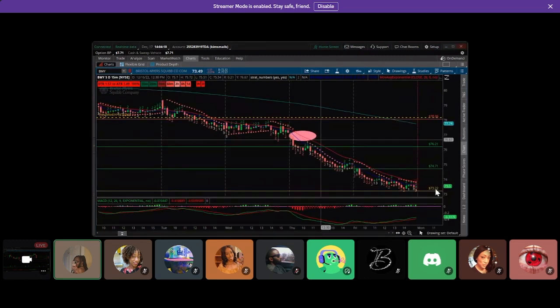And since I'm a day trader, I stayed in it all day until probably right around here. And when it started to retest the 9 EMA, that's when I got out. But this whole play from the open all the way down here was over 600% profit. And as you can see, going into the following day, it continued to fall to the next price target.